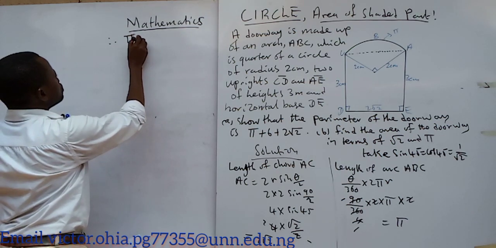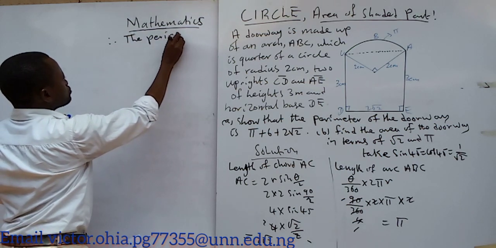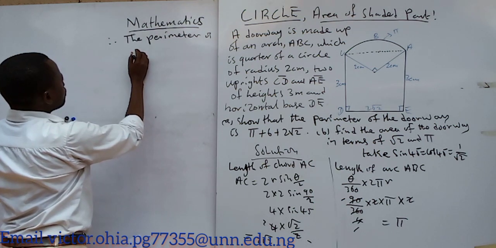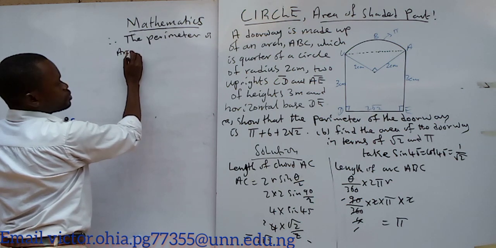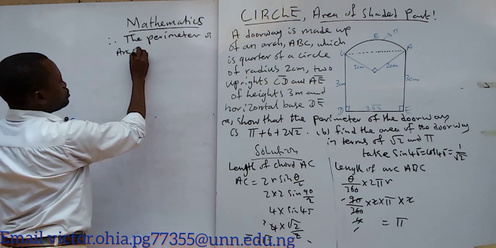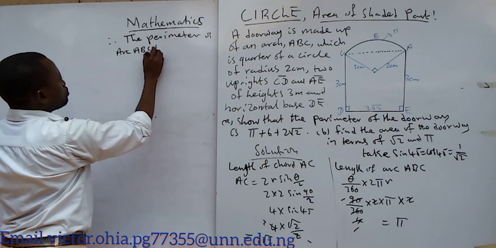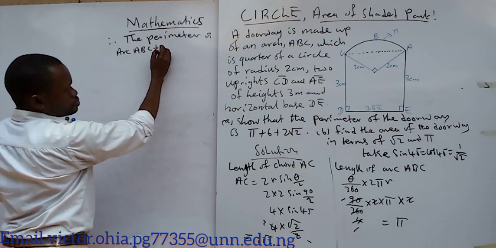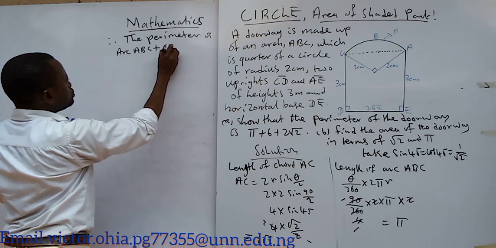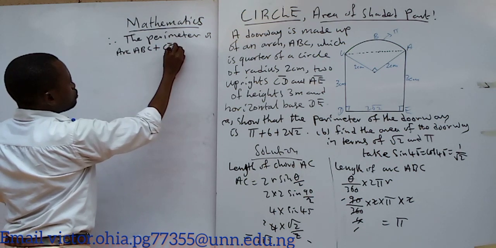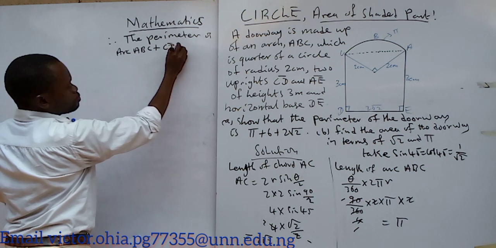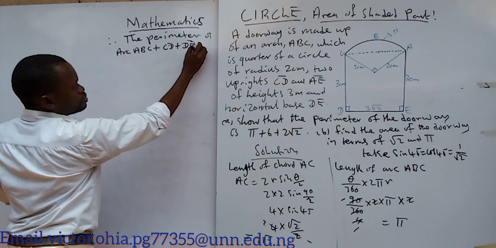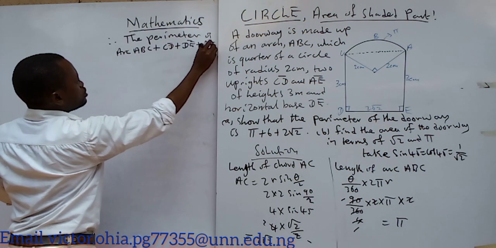Therefore, the perimeter is arc ABC plus this length CD, then plus DE, plus AE.